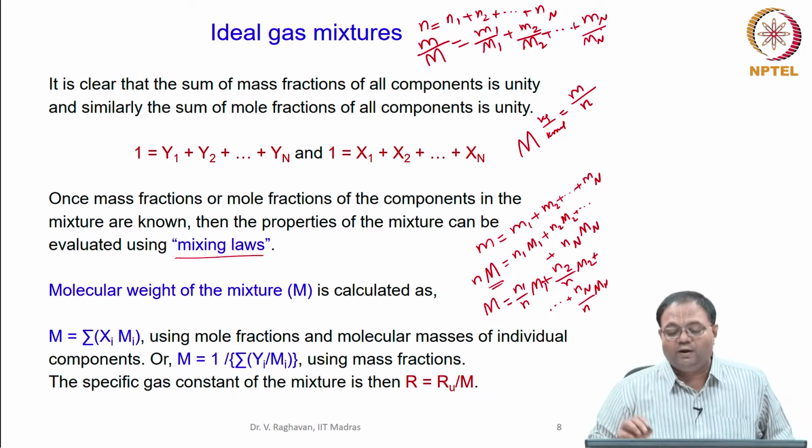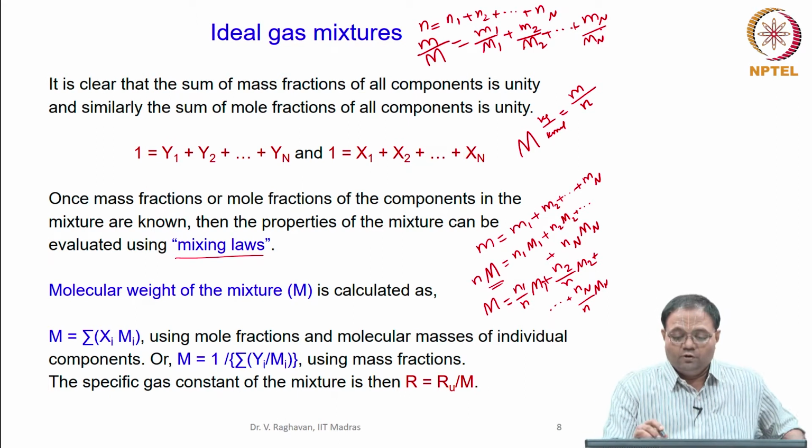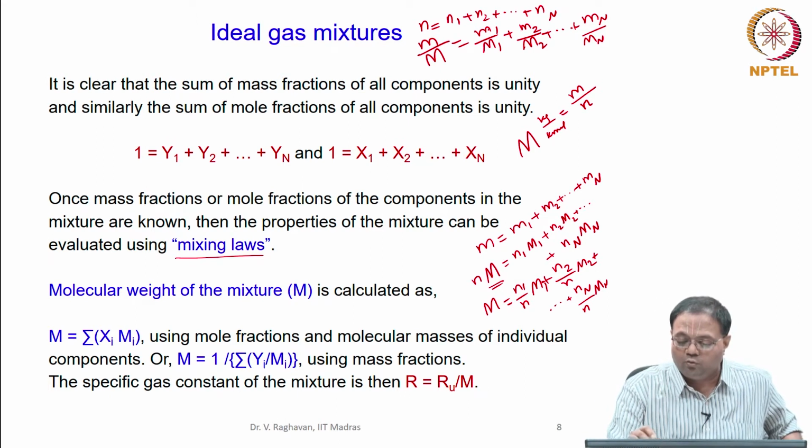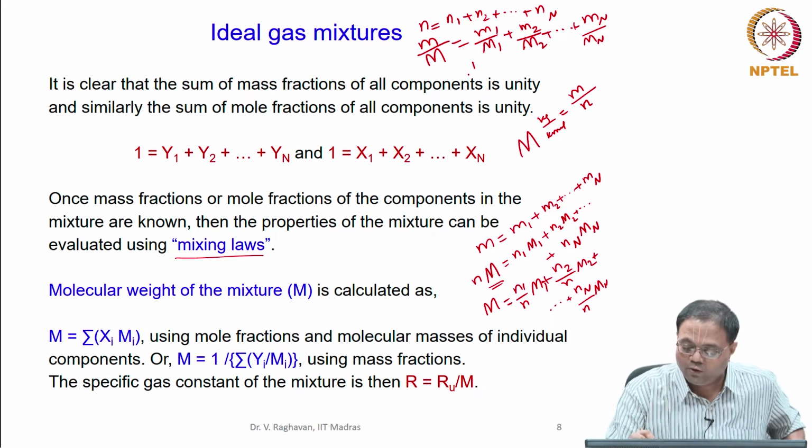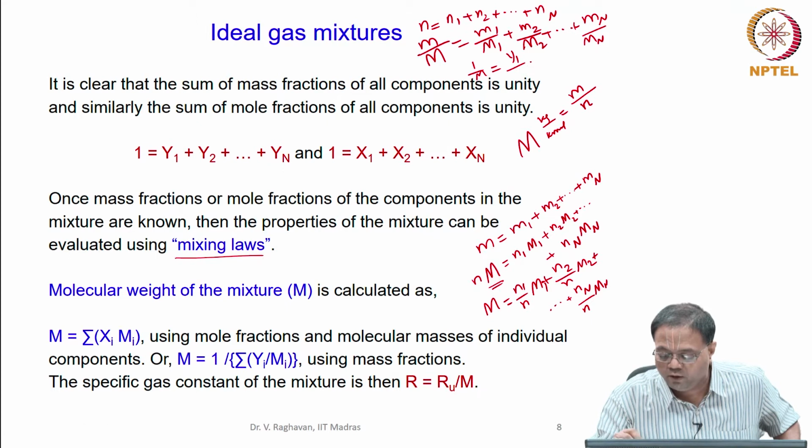Okay. Now divide by mass. So 1 by M will be equal to y1 by M1 plus y2 by M2 and so on.